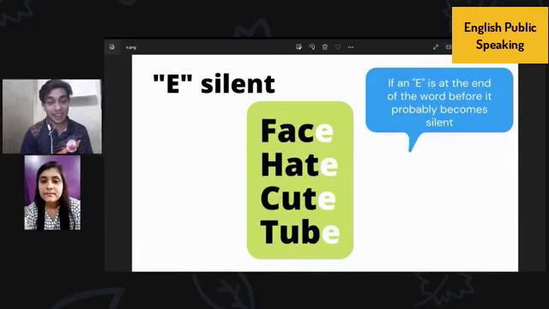Just see here, I didn't pronounce letter E. Also there are some words like knowledge, age. So we have to follow these rules, so obviously it will be helpful.